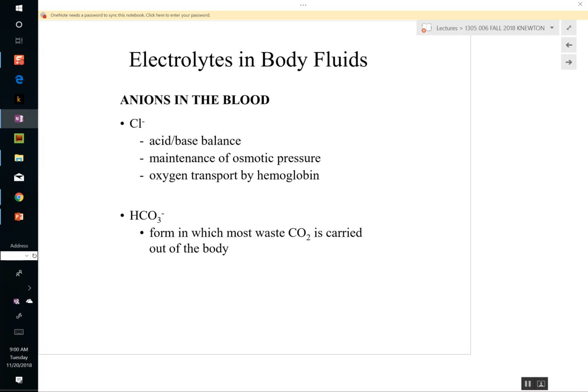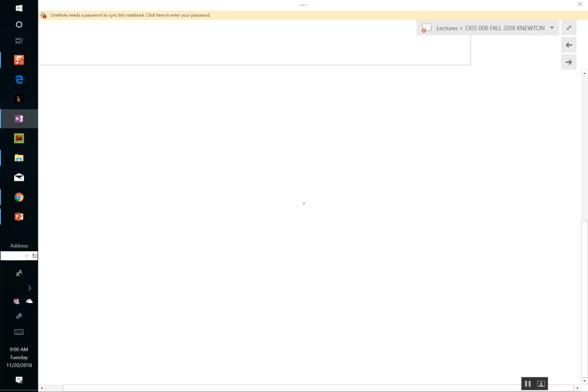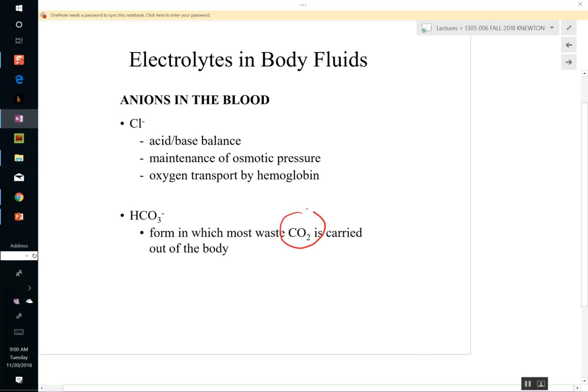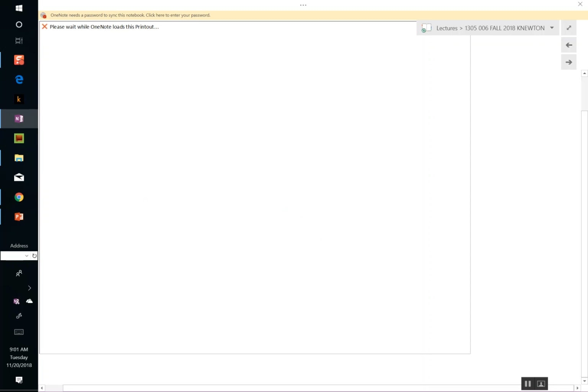There has to be a number of negative ions balancing them out: chloride ions, bicarbonate ions. You can see CO2 in here. CO2 in water will form the bicarbonate ion.